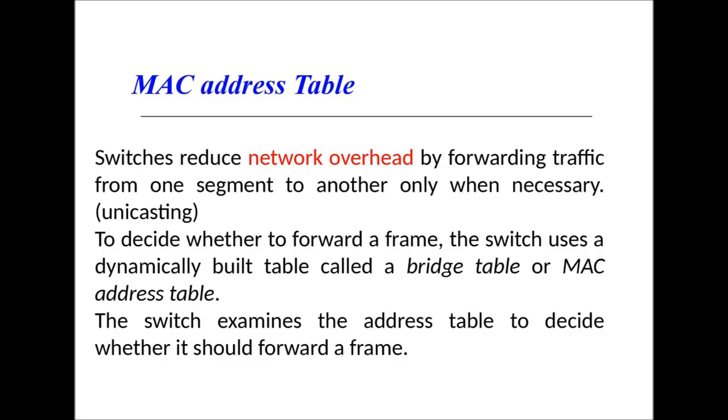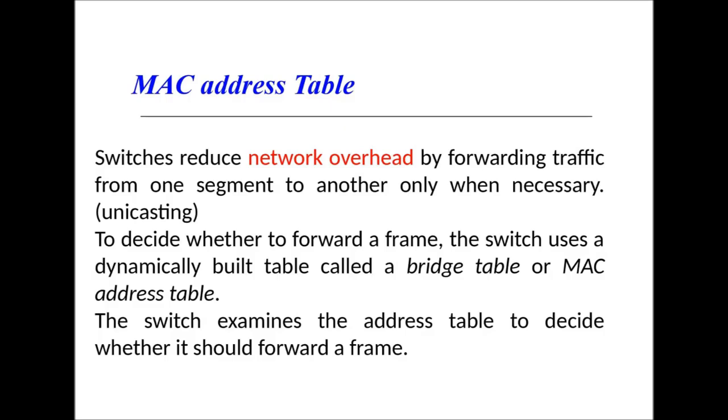So unicasting is based on MAC addresses, because all the connected computers have to forward their MAC addresses to the switch, and the switch will forward the frames on the basis of MAC addresses. That's why unicasting is done over here.